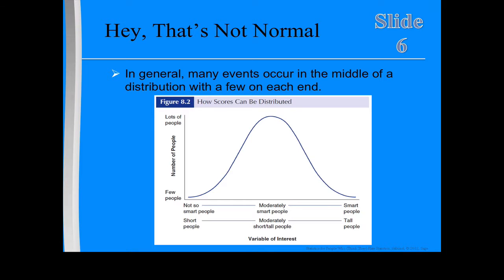Further, it is important to remember that the hump in the middle of the bell curve is not caused by summing together all the heights of those who cluster around the mean, or summing together the smartness of all those who cluster around the mean, but it is accounted for by counting their number.